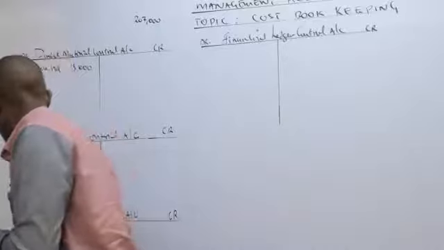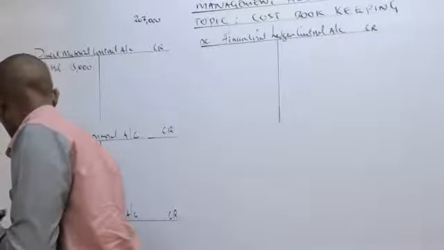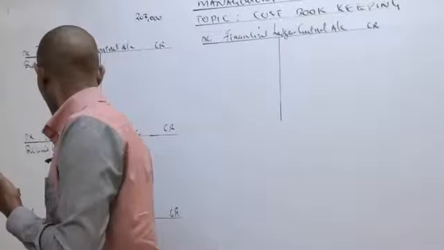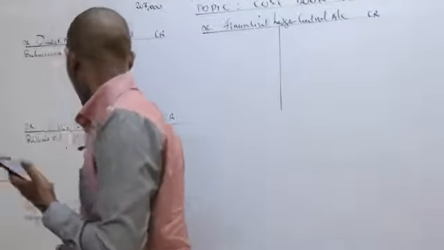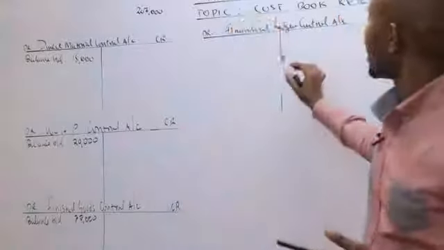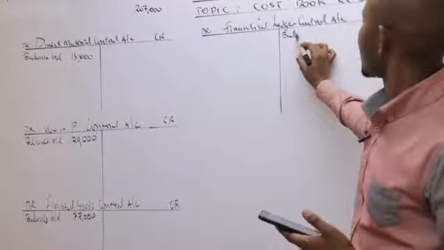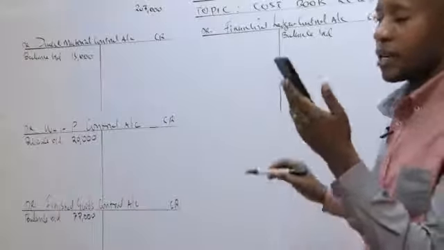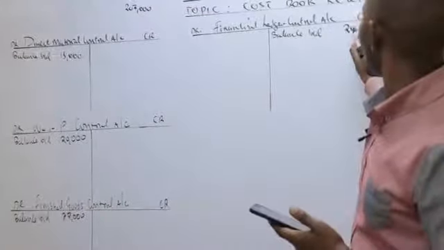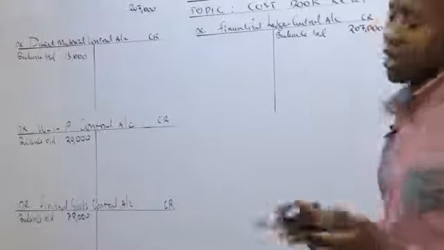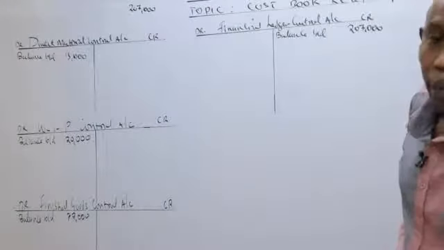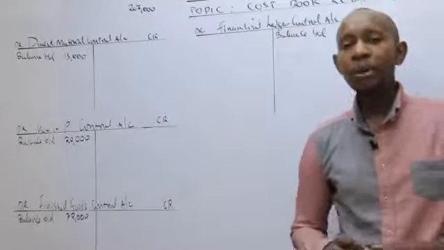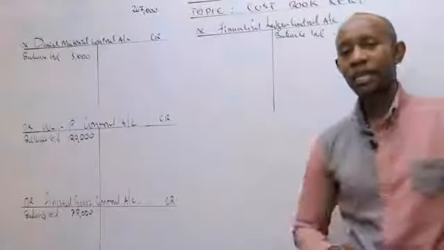And then we have finished goods, with a balance brought down of 72,000. And finally, on the credit side, a balance brought down of 207,000. Now, everybody knows where we got the 207,000 from: the opening trial balance.